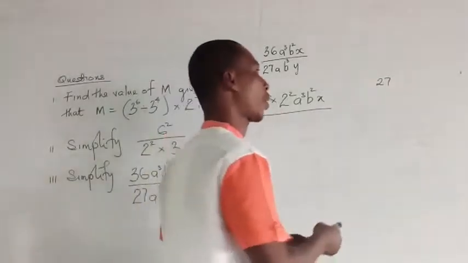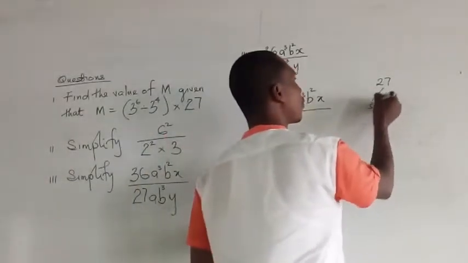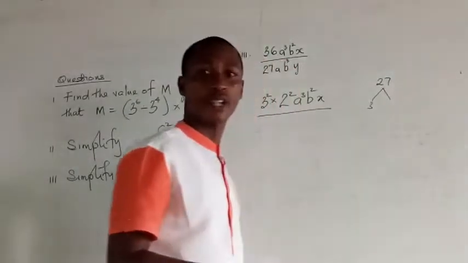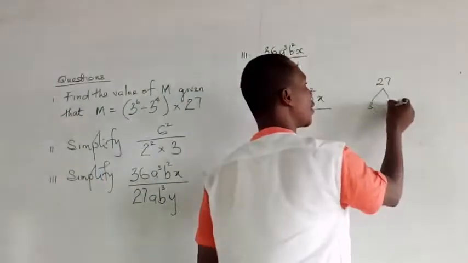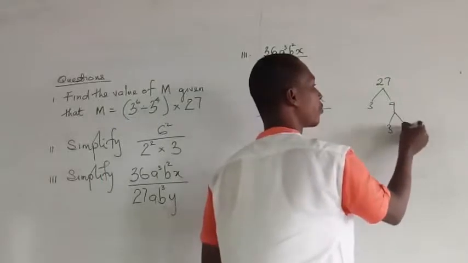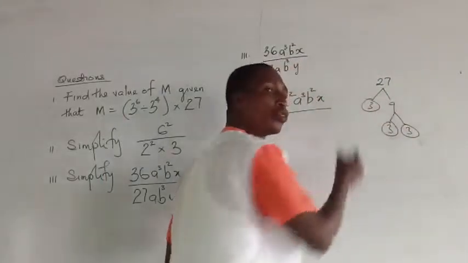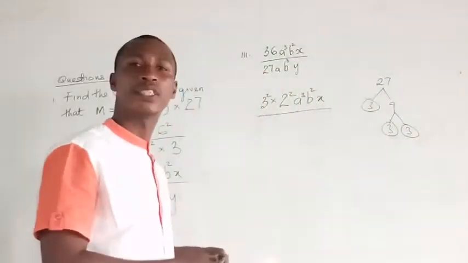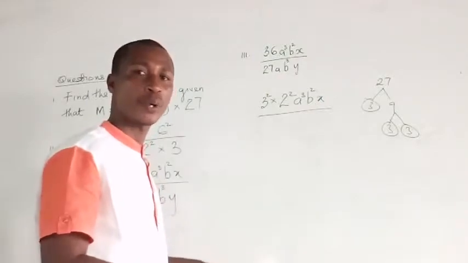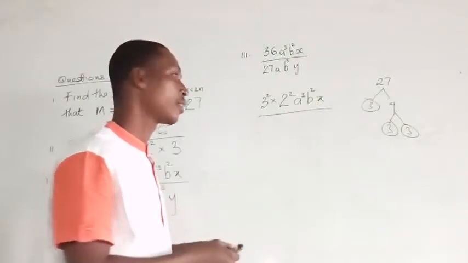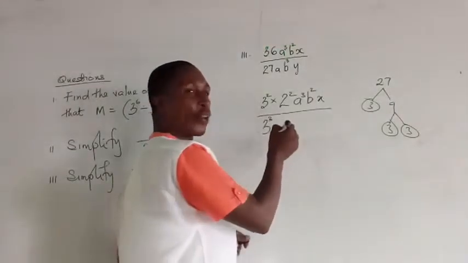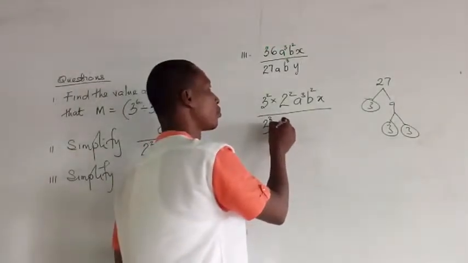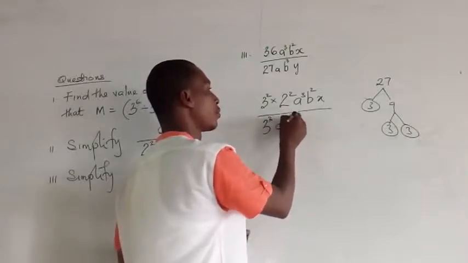If I try with 3, 3 will go into 27, 9, 3, 9, 27. 3 times 9 is 27, so I've got 9 here. Then 3, 3. So it means that 27 is the same as 3 to the power 3.